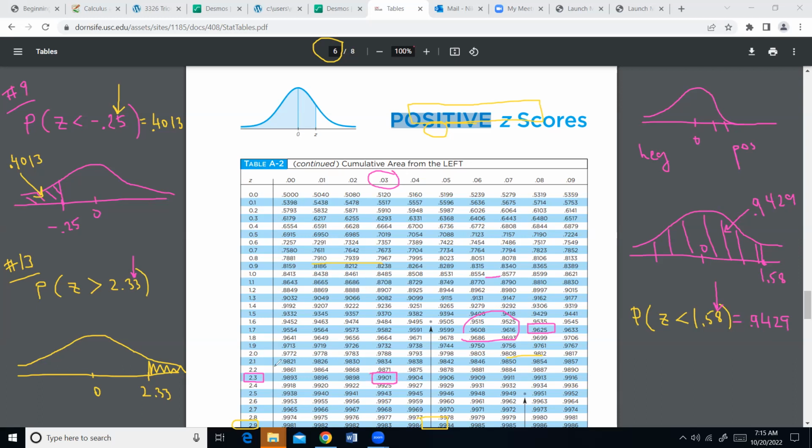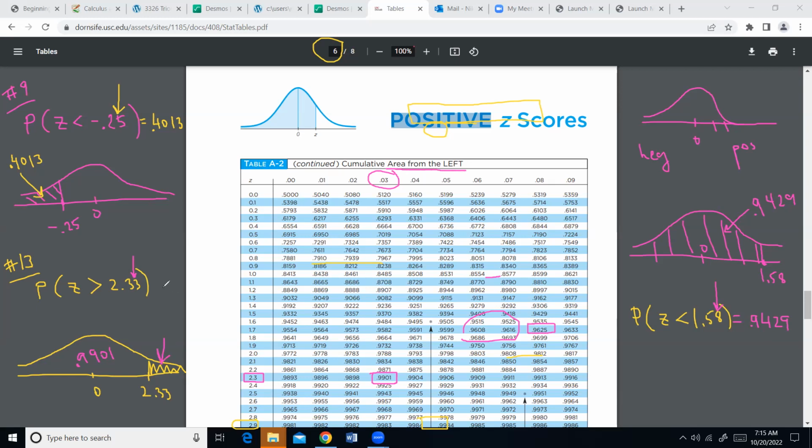So I've got the area, but this area is from 2.33 to the left. 0.9901 is not what I need, but that's what I'm going to use because once again, I got area from z to the left.